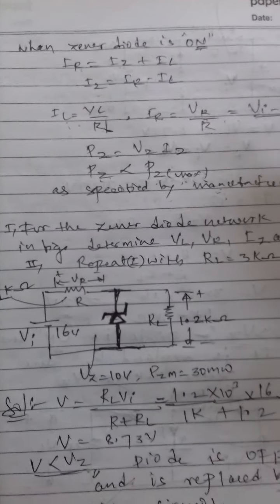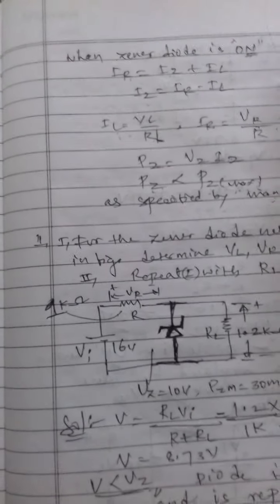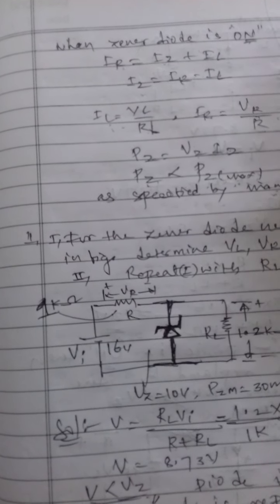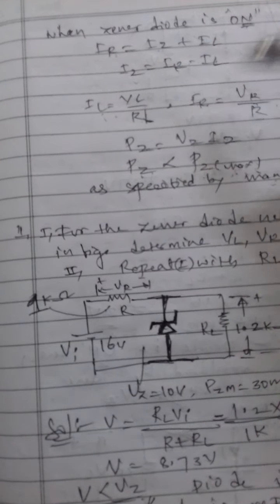That is how a Zener diode works when it is used as a regulator.